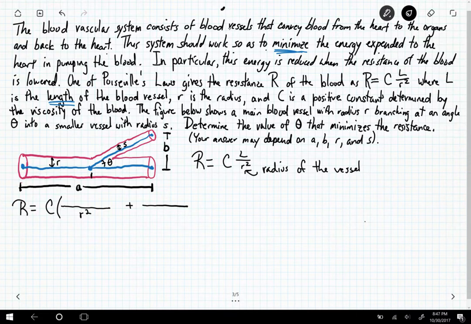We're going to be looking at this length, and we'll call that L1. And then the other one, we have to figure out this length, and we'll call that L2. Okay? Well, how do we figure out L1 and L2? So the first case is C times L1 over R squared. Second case is L2 over S squared. Oops, S squared. Said it right, just didn't write it right.